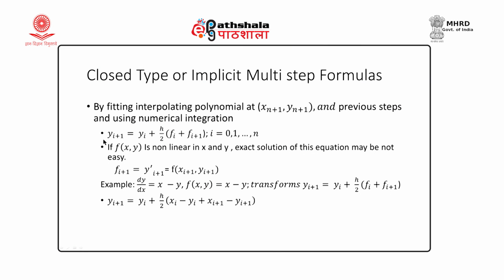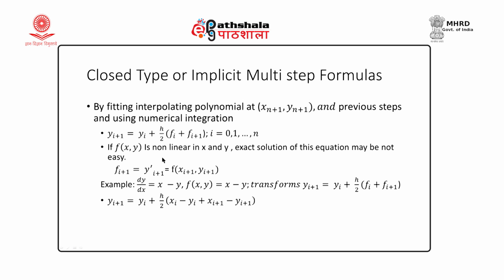Let us look at these closed type multi-step formulas. The simplest example, with only 2 steps, is yi plus 1 equals yi plus h by 2, fi plus fi plus 1. Here you are using the point xi plus 1, yi plus 1 also, where fi plus 1 is yi plus 1 dash, which is f of xi plus 1, yi plus 1.